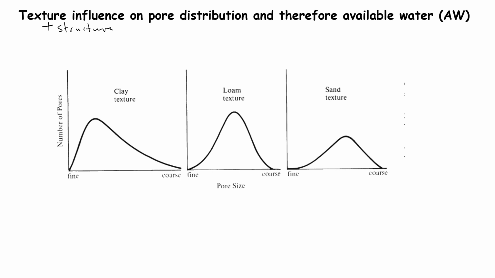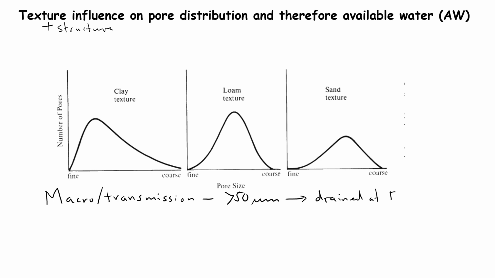And so we'll define a couple different sizes of pores. We can have macropores, which can also be called transmission pores, and they are greater than 50 microns in size, and these are drained at field capacity. We can have mesopores, another word for which is storage pores.